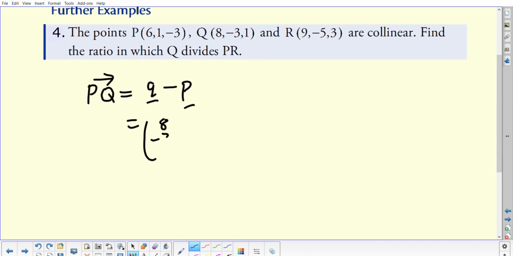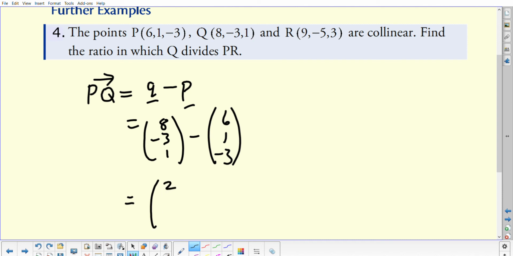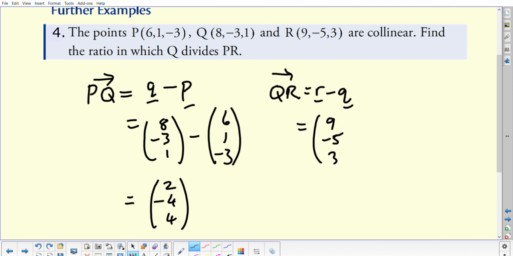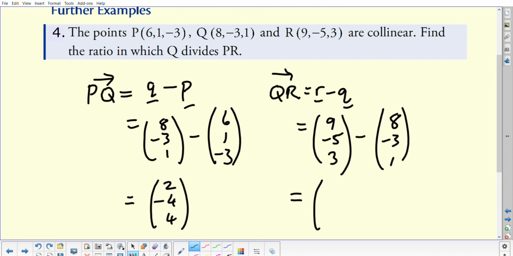So we've got 8 minus 3, 1 minus 6, 1 minus 3, and that's going to give us 2, minus 4, positive 4, and then we would also do the same thing to work out your Q to R. So we're doing R minus Q, which would be 9 minus 5, 3 minus 8, minus 3, 1, and that would be given as 1, minus 2, 2.